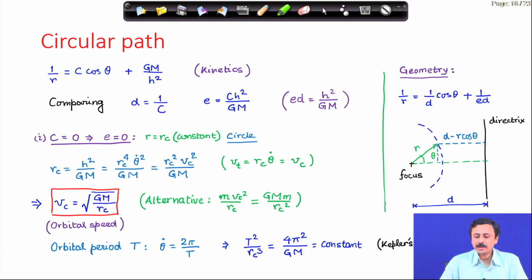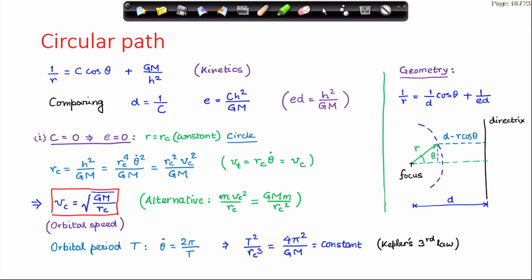By comparing various values of e, which is the eccentricity, we had discussed the circular path, and we have also seen how Kepler's third law is recovered from all these expressions.